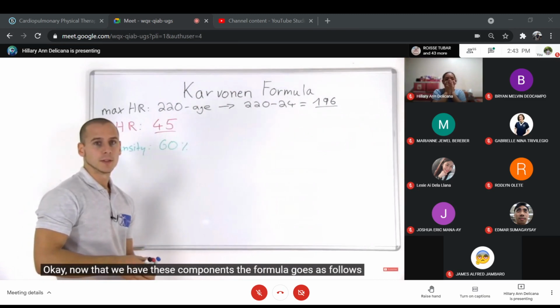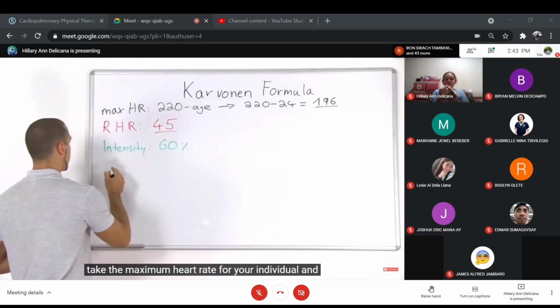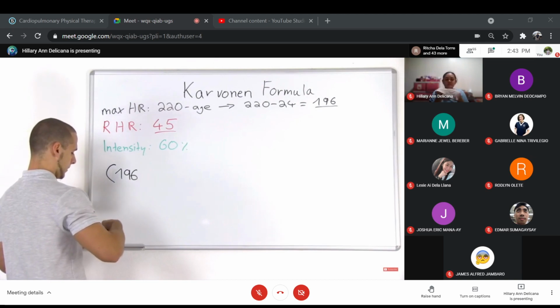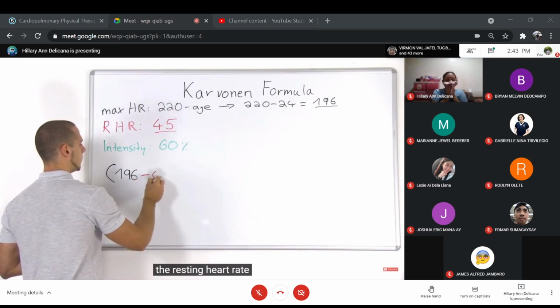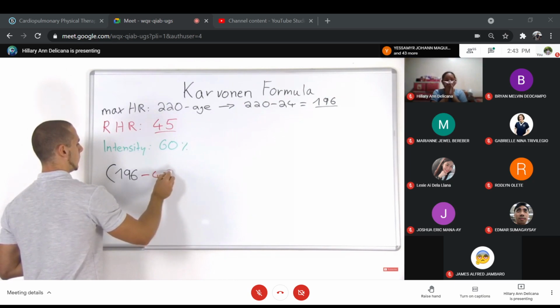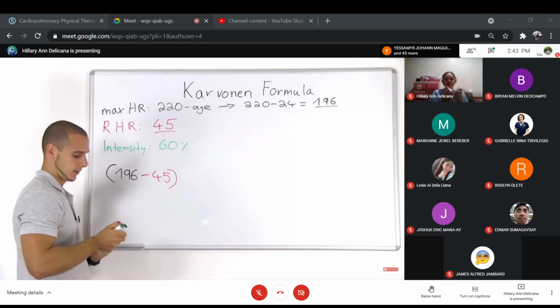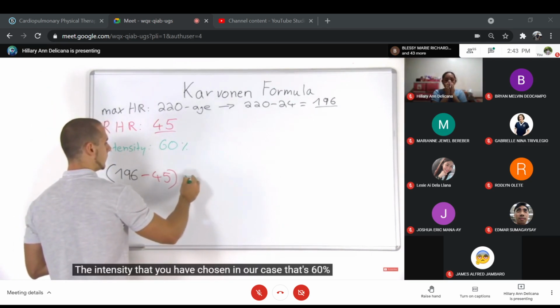Okay, now that we have these components, the formula goes as follows. Take the maximum heart rate for your individual and subtract the resting heart rate. Then you're going to multiply that by the intensity that you have chosen.